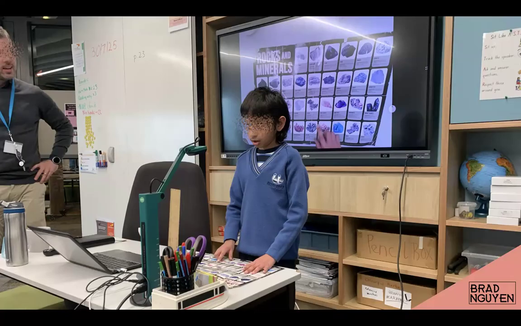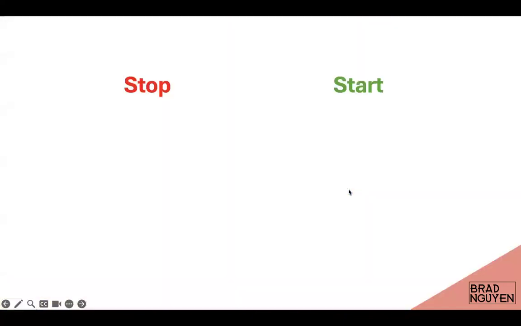So, the good thing about document cameras and visualizers is that I think they can help you stop with some workload issues, and then you can start doing other things. So this slide is just about thinking about things that you can stop doing if you have a visualizer. One of the things you can stop doing and save yourself some time is digitizing books.